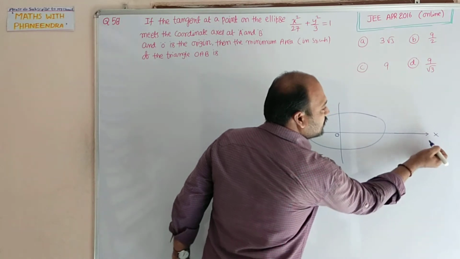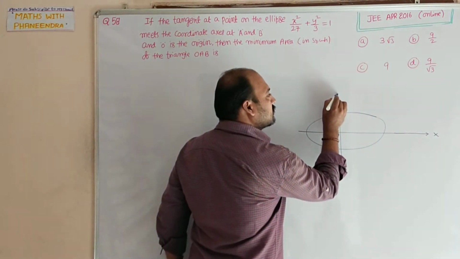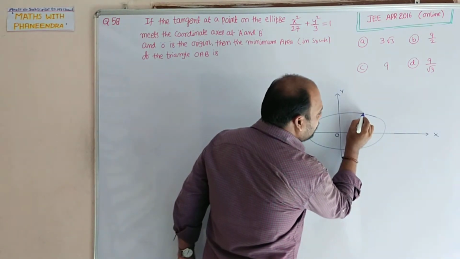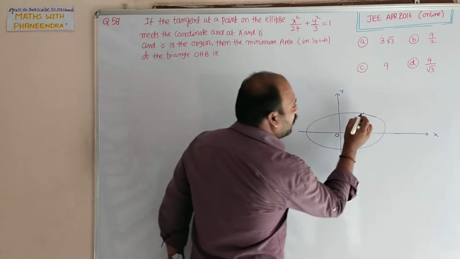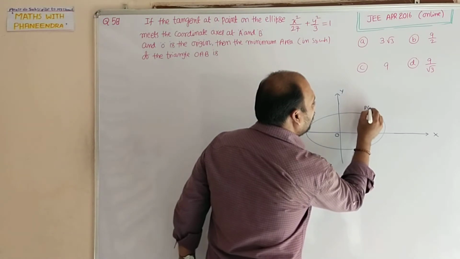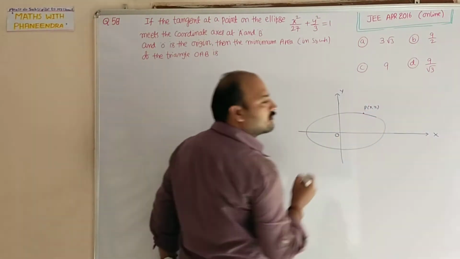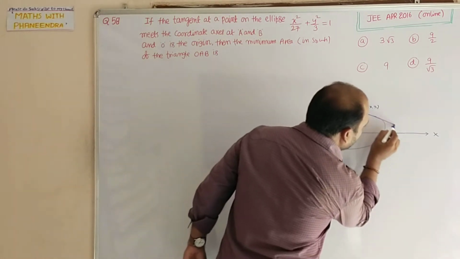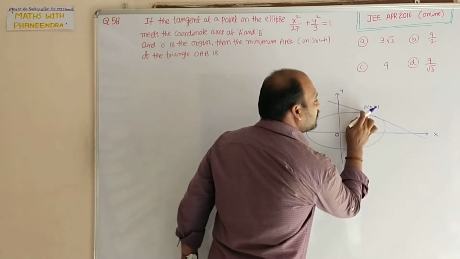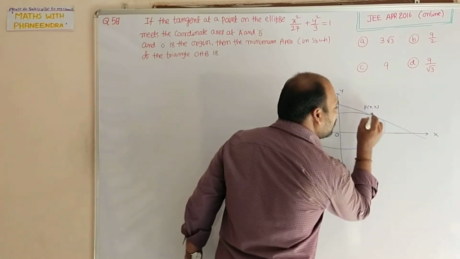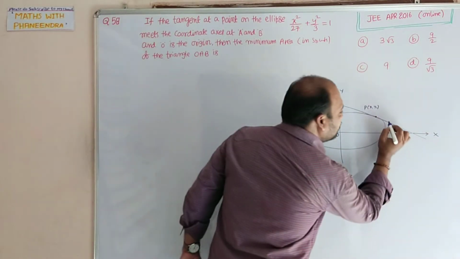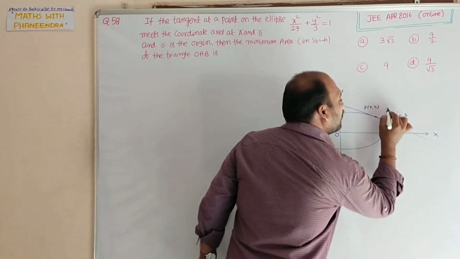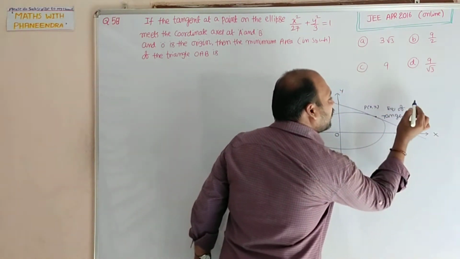This is the major axis as well as the x-axis. Consider any point on this. This point is x1, y1, we are assuming that. This is the tangent equation, the equation of tangent to the ellipse.